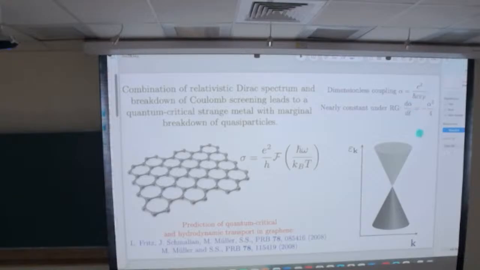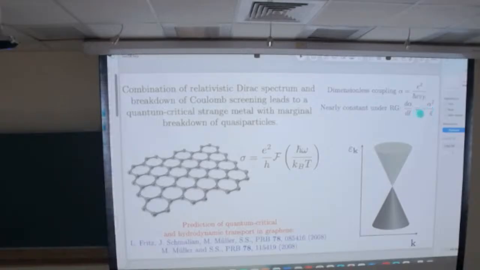So here, this is what I was saying. There's alpha over there. Now it turns out this is a dimensionless coupling constant, and it has a flow under the RG that you can work out. It decreases, but very, very slowly. And so at long enough distances, the Coulomb interaction becomes irrelevant; it goes to zero. But there's a very slow flow, and over the temperature scales that we are working at, we can just imagine alpha as a constant.